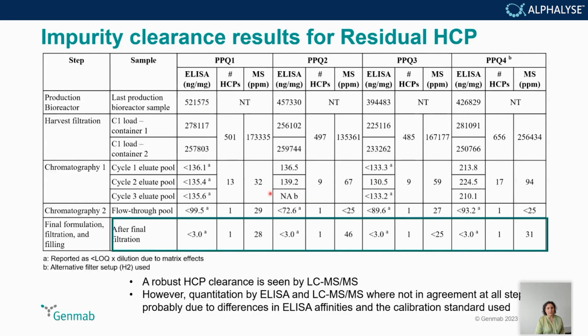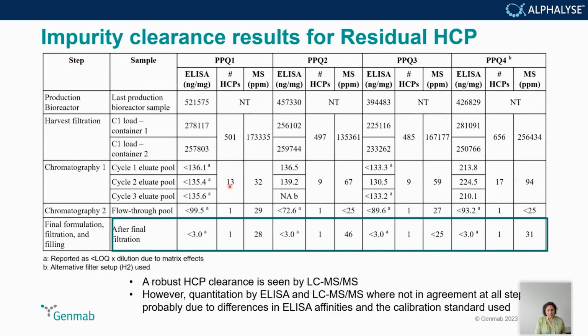Another thing when comparing ELISA and LCMS is that at some point with ELISA we cannot detect any more HCPs. They are normally below the LLOQ because of the dilution linearity problem.